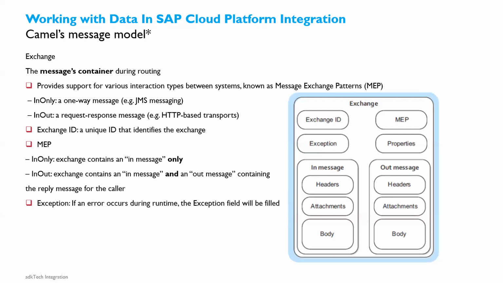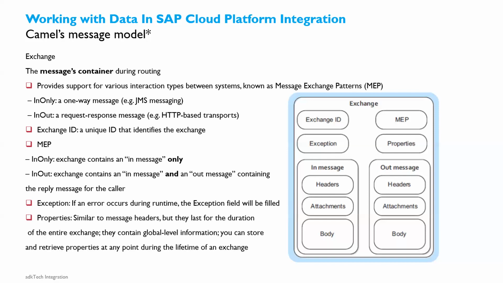During the processing of the message from one step to another, it's quite obvious an error can occur. If any error occurs in between, the exception field will get filled. And one more field is there, that is the property, which is very important. It is similar to the message header, but it lasts during the entire exchange.